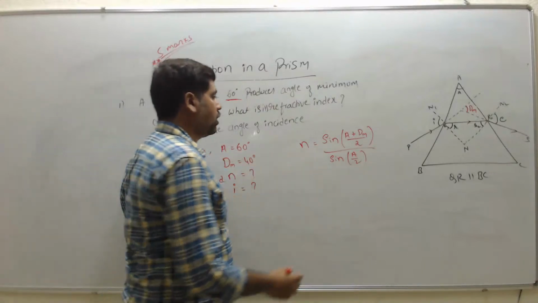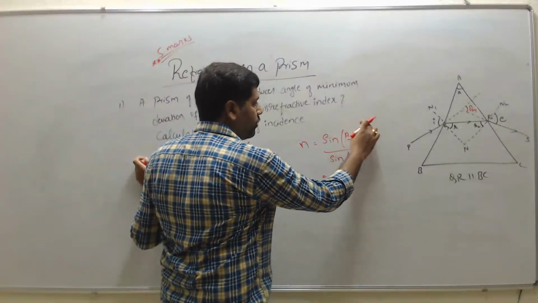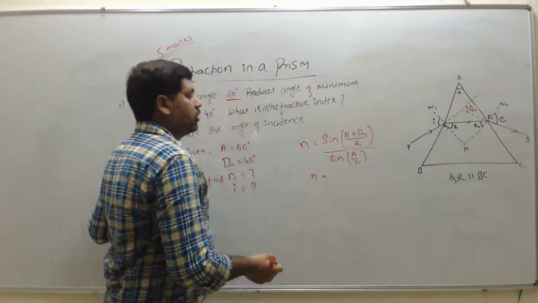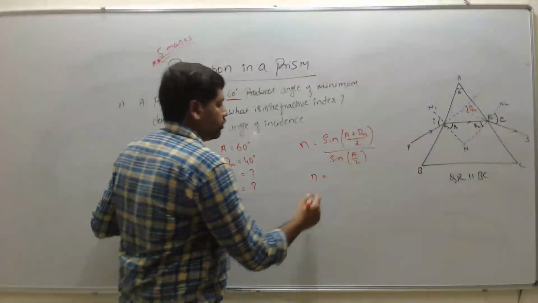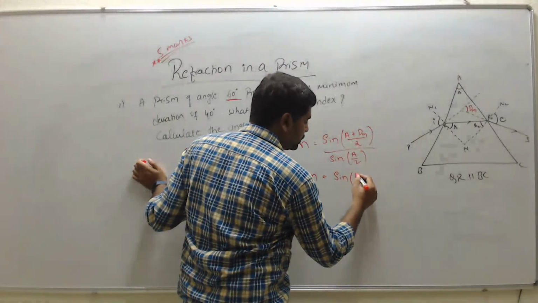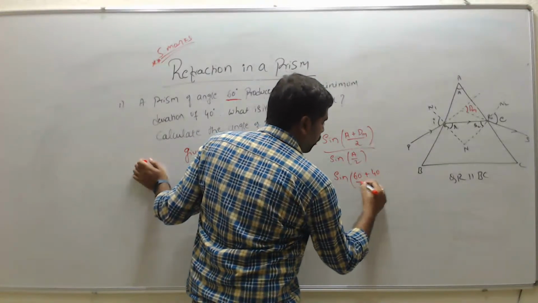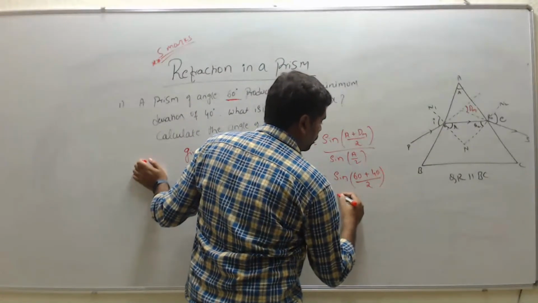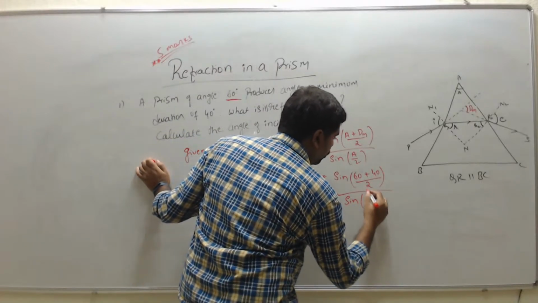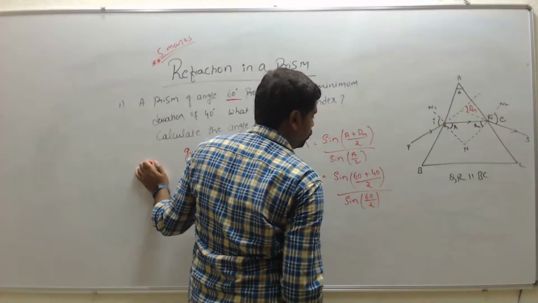By using this formula, with the given angle of prism and minimum deviation angle, we can easily find the refractive index of the prism. That is n is equal to sin of (60 plus 40) divided by 2, over sin of 60 divided by 2.